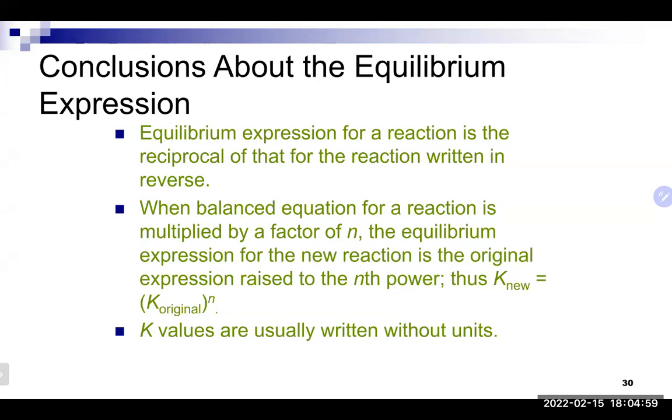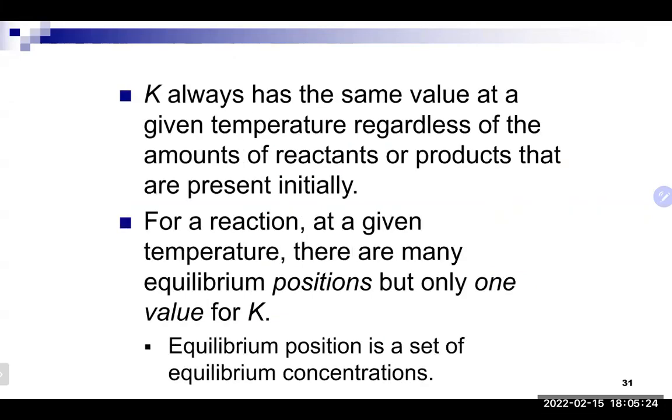And again, a couple of other manipulations: if we reverse it, 1 over K. If you multiply by a common number, you take the K value to that power. For example, we did the squaring there, so we did it by 2 and squared it. If you did 3, you would cube it. And if you divide by a common number, you take the root of K to that common number.